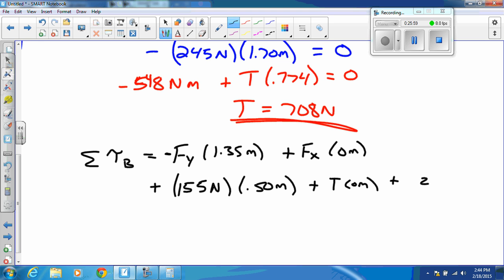And is it a clockwise or counterclockwise rotation? Yep, so we really need to subtract it here. And all of this is equal to 0. And this allows me to solve for Fy. Go. Solve for Fy.